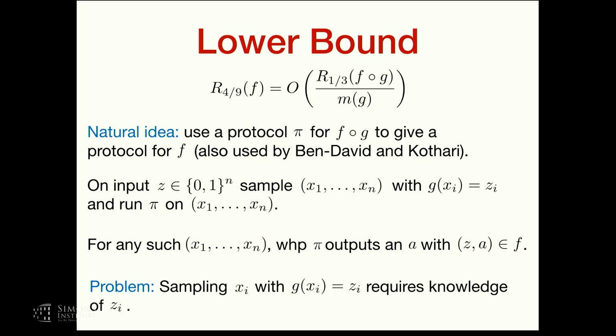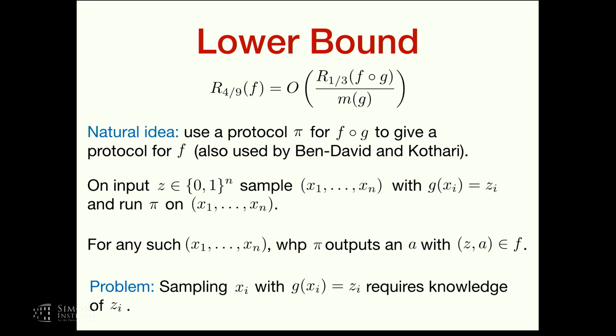Okay, so the high-level idea is, say that we want to compute f of z. So z is an n-bit string here. And we want to use our protocol for F composed with G to do this. So what are we going to do? Well, we're going to sample x1 through xn, where g of xi is equal to zi.